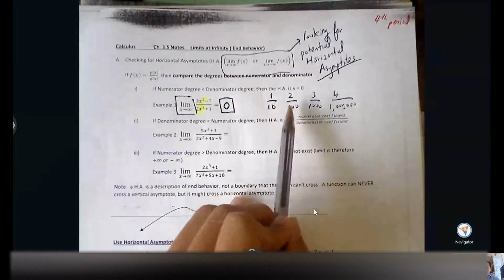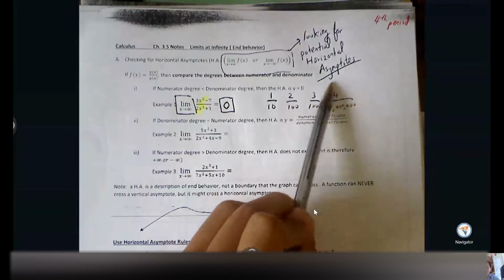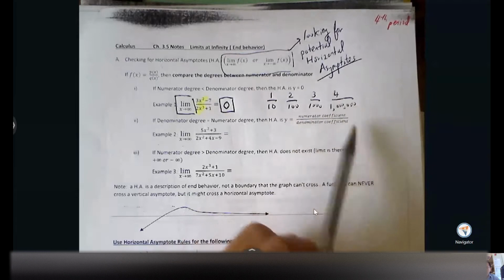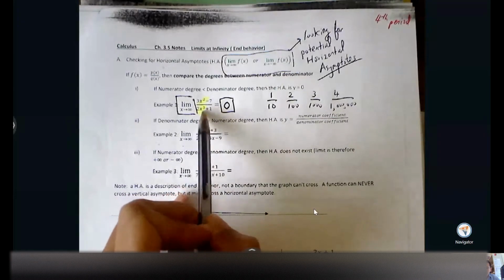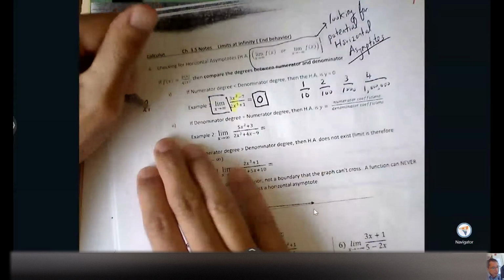So look at the overall fractions: 1/10, 2 over 100, 3 over 1,000, 4 over 1,000,000. These fractions are getting smaller and smaller, and they're headed towards 0. That is why, whenever your denominator is rising at a faster rate than the numerator, your limit as x approaches infinity or negative infinity is going to be 0. This applies for negative infinity as well.